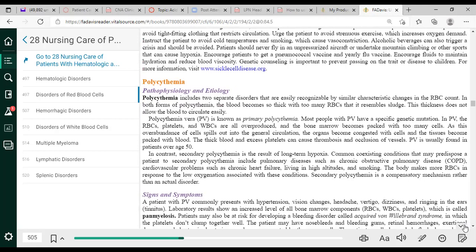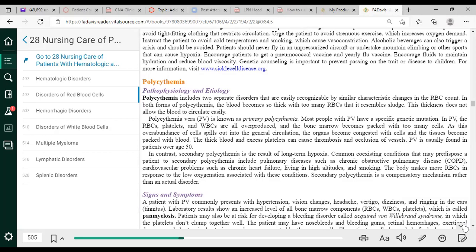Polycythemia includes two separate disorders that are easily recognizable by similar characteristic changes in the red blood cell count. In both forms of polycythemia, the blood becomes so thick with too many red blood cells that it resembles sludge. This thickness does not allow the blood to circulate easily.